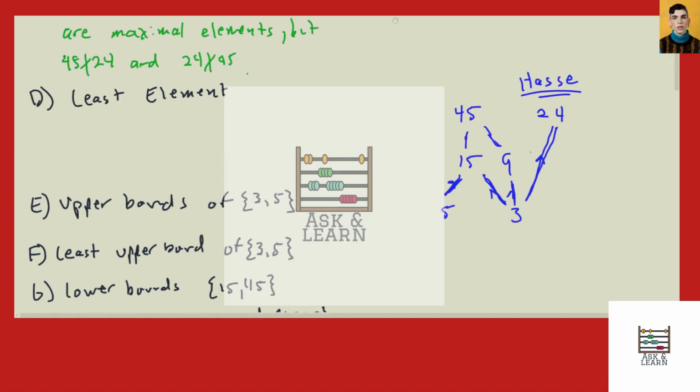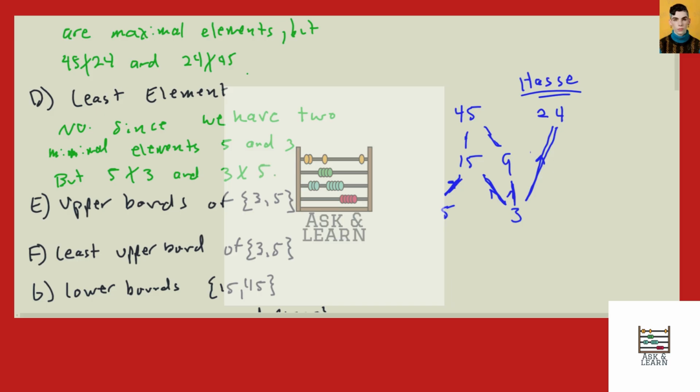So this is going to be no, since we have two minimal elements, 5 and 3, but 5 does not divide 3, and 3 does not divide 5. So that's why we would have no least element.